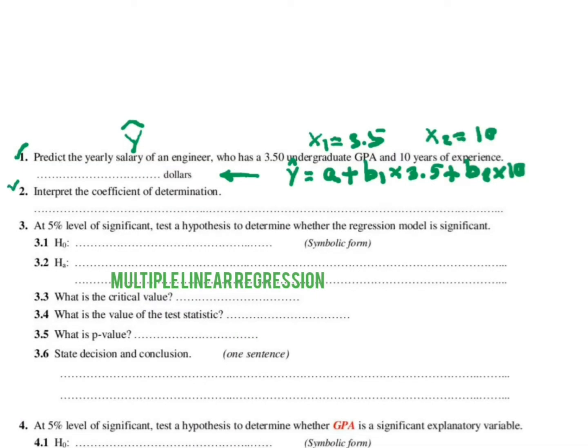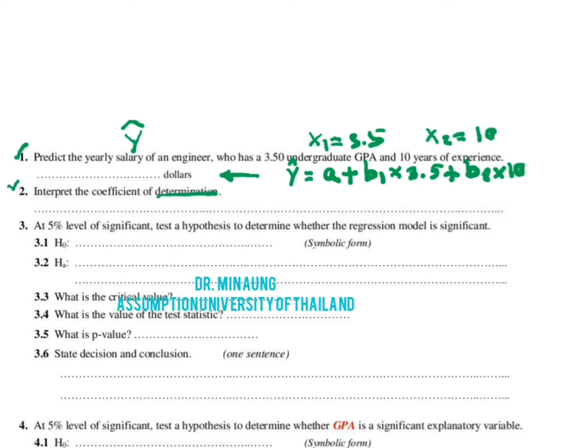Second question, interpret the coefficient of determination R square. Recall that the interpretation of R square is that the regression model explains 100 R square percent of the variation in Y. So what is the value of R square?